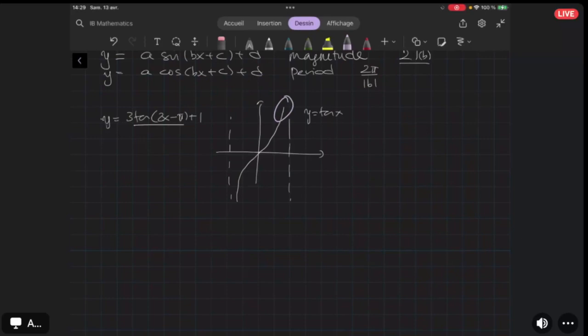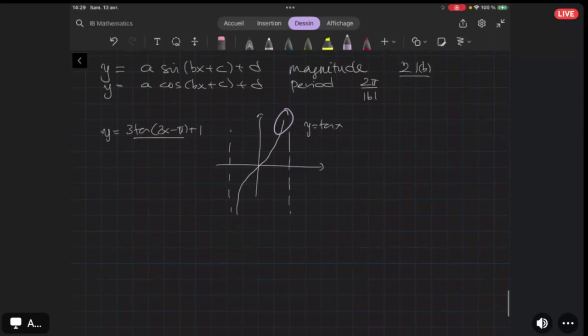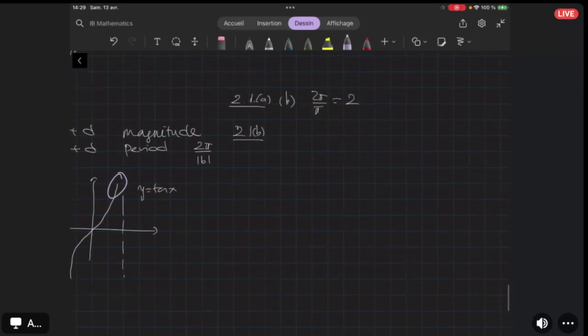Going straight to infinity. So if you translate it, it's still going to infinity. If you multiply by 3, it's still going to infinity. If you add 1, it's still going to infinity. Final answer, infinity. Or option 1.